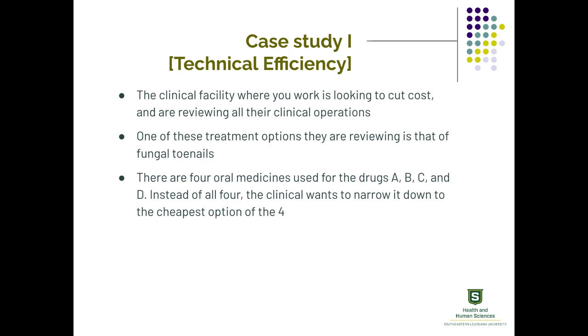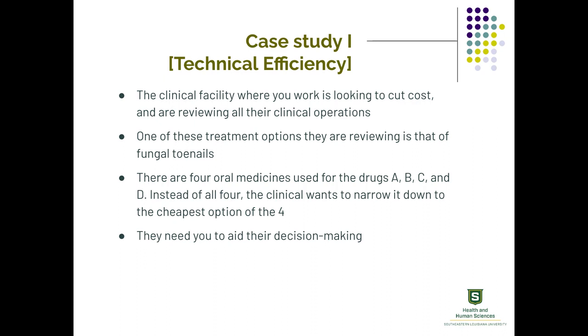That's what your job is. Your job is to compare the 4 treatment options and say, okay, this is the cheapest and this is the one you should go with, and that will help them in making a decision on which treatment option to keep and which ones to drop.